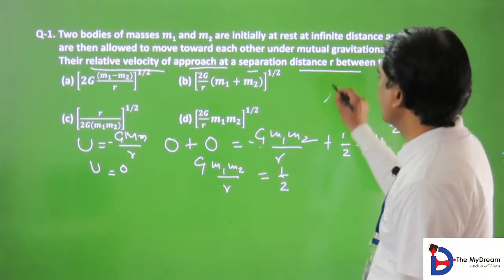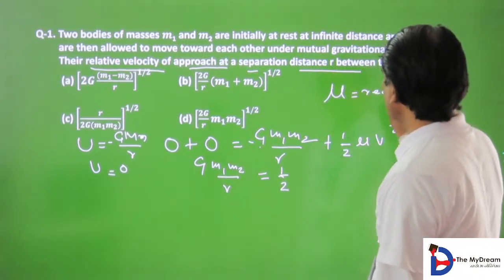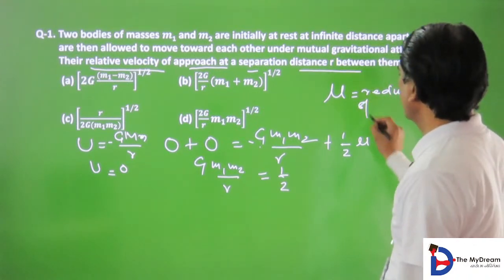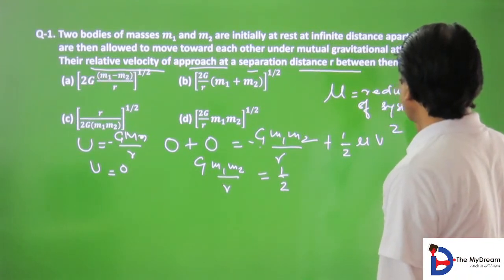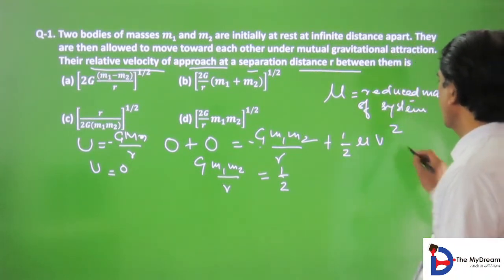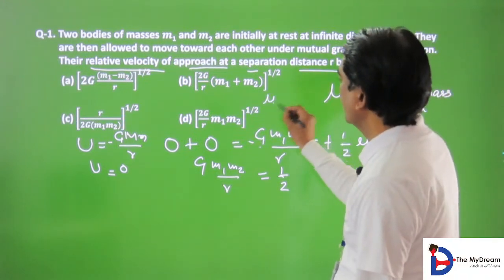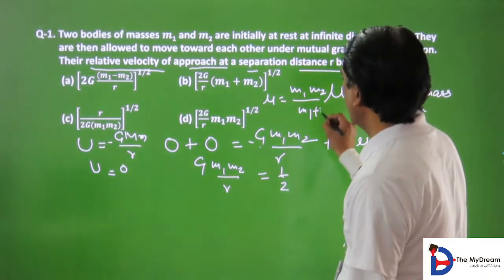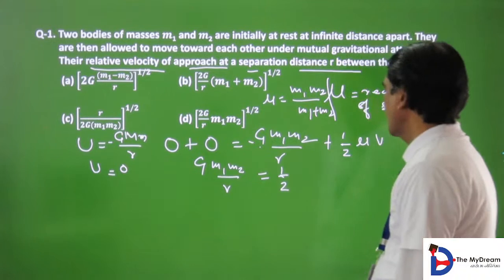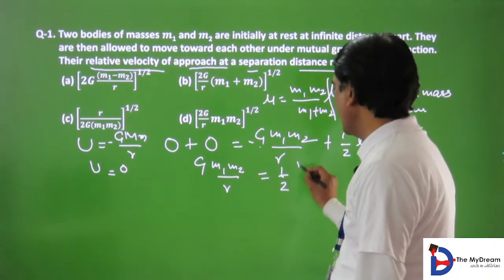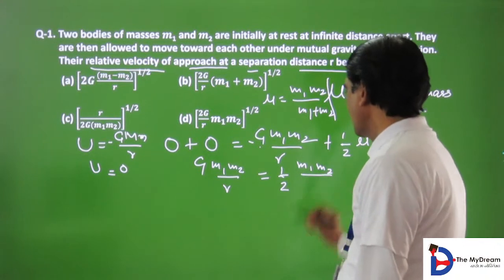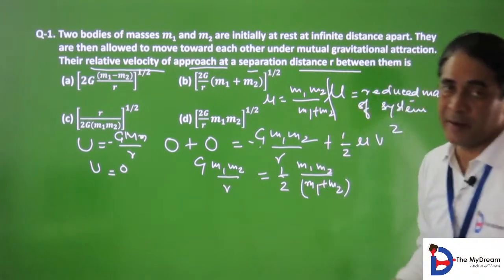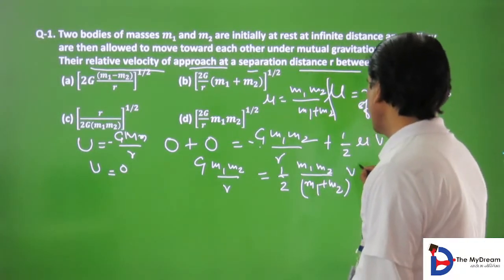In place of this mu, which is the reduced mass of the system, which we have discussed and which is given by m1 m2 upon m1 plus m2. So, in place of mu, you can write down the reduced mass of the system, that is m1 m2 divided by m1 plus m2 into v square.